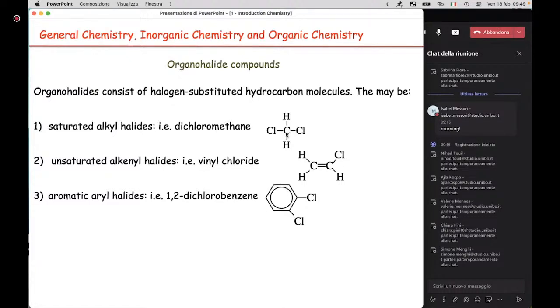So this is an alkane, this is an alkene, this is an aromatic, halogen and halo compound. Okay, so any kind of molecule can contain halogen. As we have seen before, halogens in organic molecules can produce high levels of toxicity. We will see in the following that many haloorganic compounds are quite toxic.